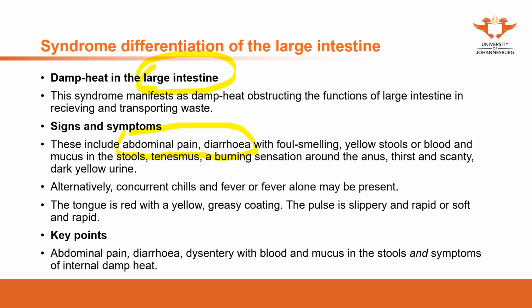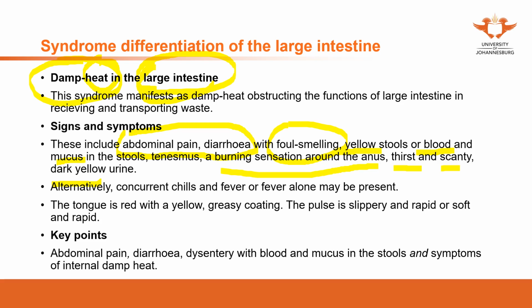That's something related to the large intestine. Foul smelling, yellow or bloody, mucus stool, that's from the heat. Burning sensation around the anus. Thirsty, scanty, yellow urine. These are all due to the heat, the damp heat.